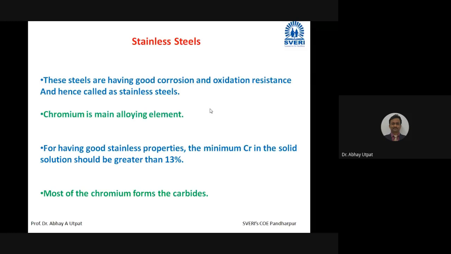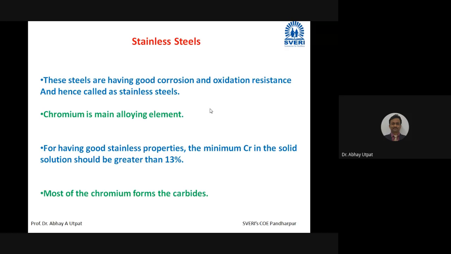So that on that basis, you might be remembering what properties of chromium we have written. So if you recall the memories of previous class, you find chromium is the important element which cause for improving the oxidation and corrosion resistance. So that's why I have written here, chromium is main alloying element.